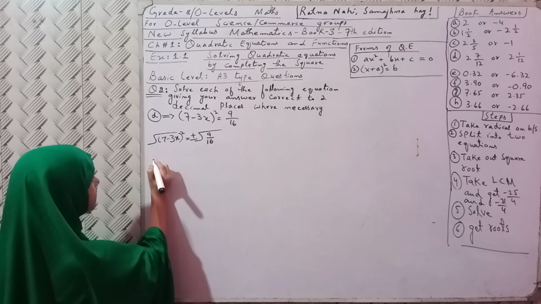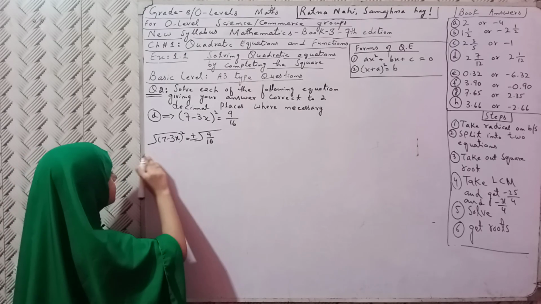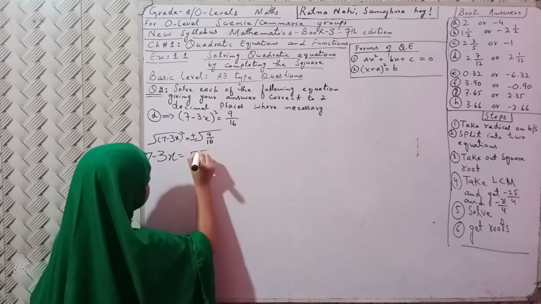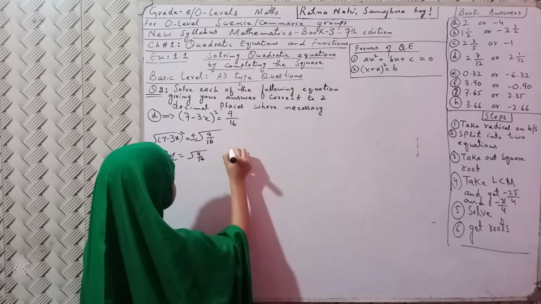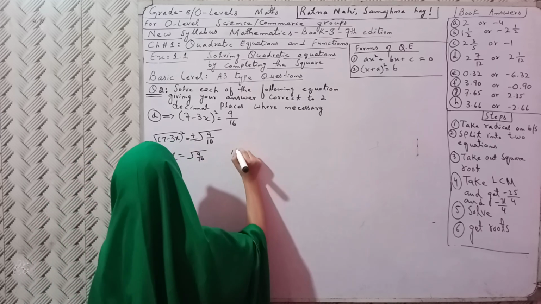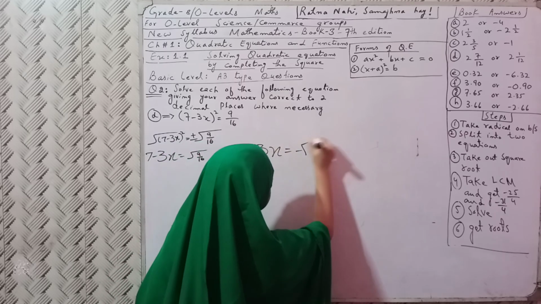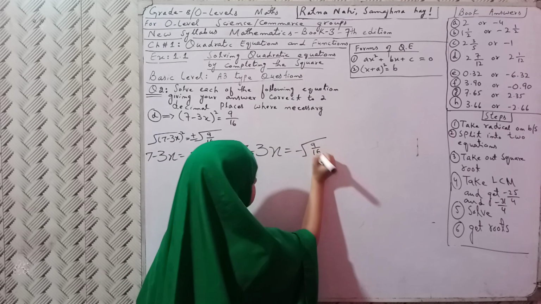So here will become 7 minus 3x is equal to 9 upon 16. Then 7 minus 3x is equal to minus 9 upon 16.